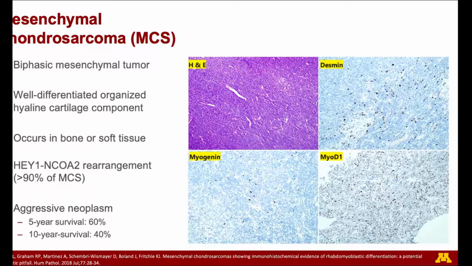In 2018, Dr. Folpe described 6 cases of these tumors with immunohistochemical rhabdomyoblastic differentiation in mesenchymal chondrosarcomas as a potential diagnostic pitfall. Aberrant skeletal muscle marker expression can be seen, as shown in the images in this case.